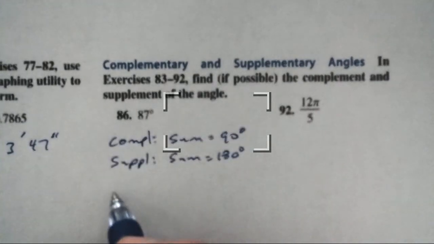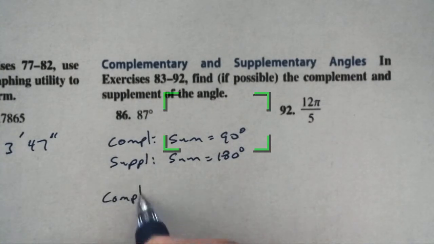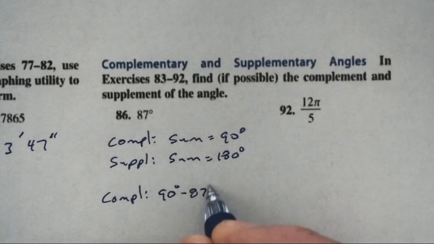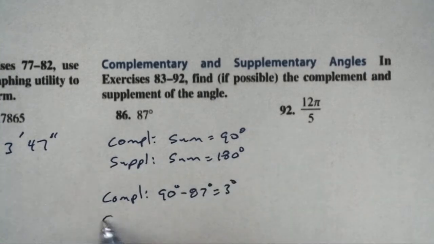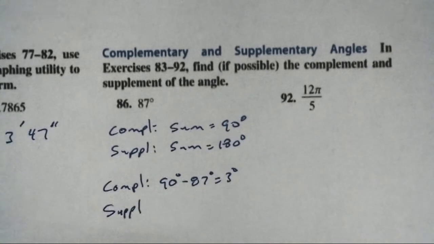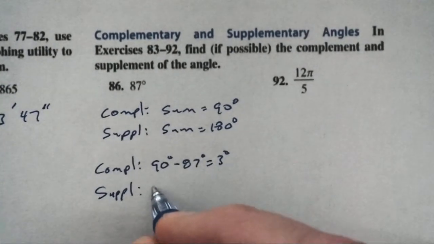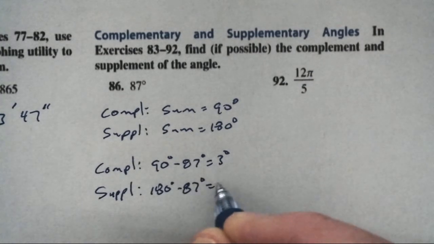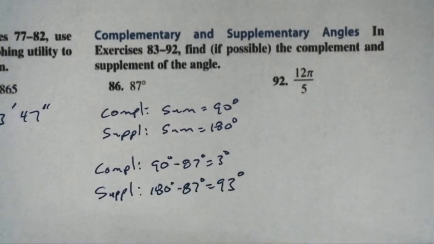So 87 degrees, simple, the complement is 90 degrees minus 87 degrees, or 3 degrees. And the supplement is 180 degrees minus 87 degrees, or 93 degrees.